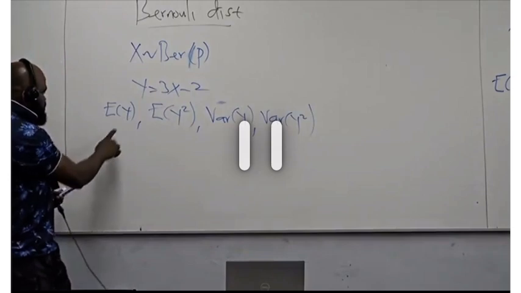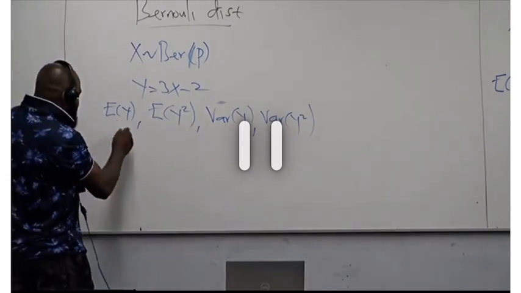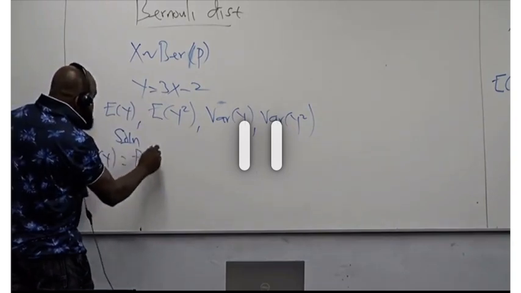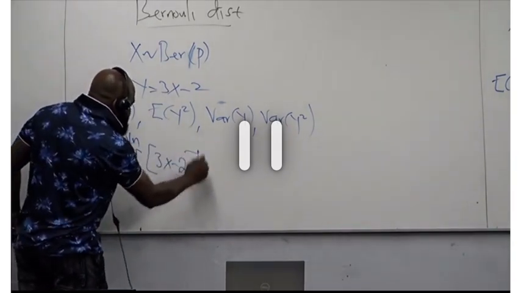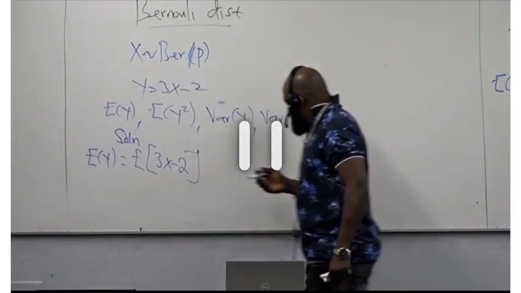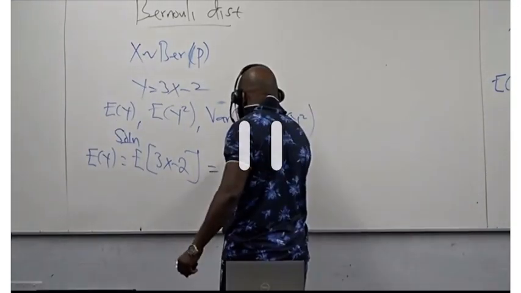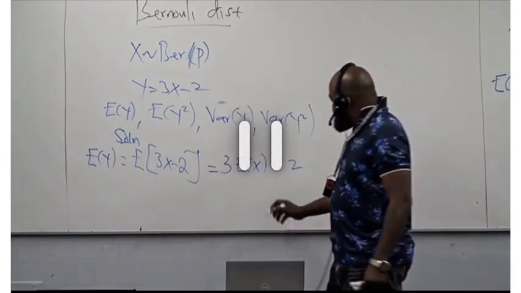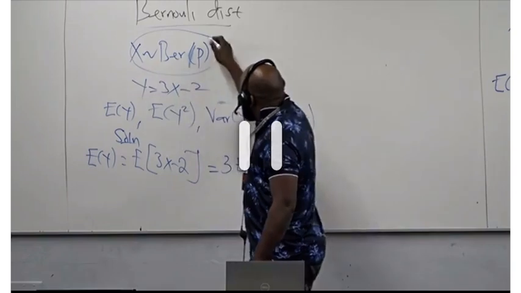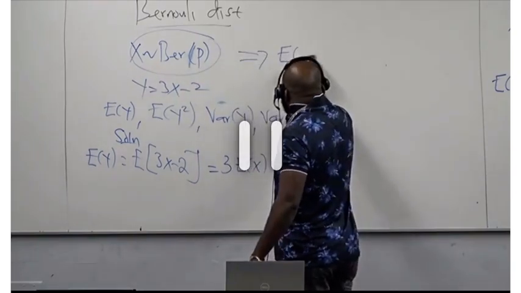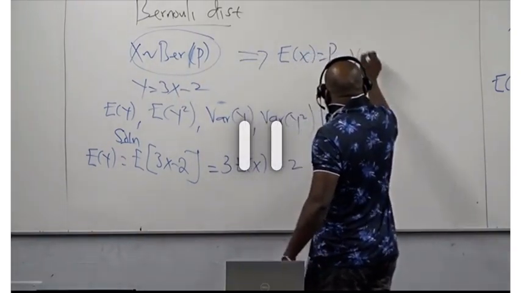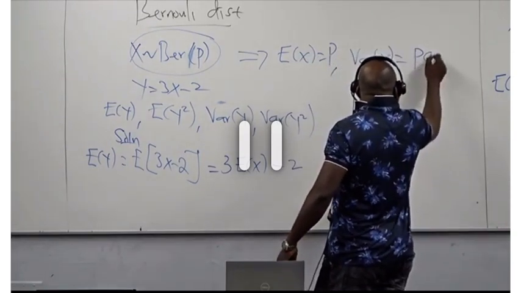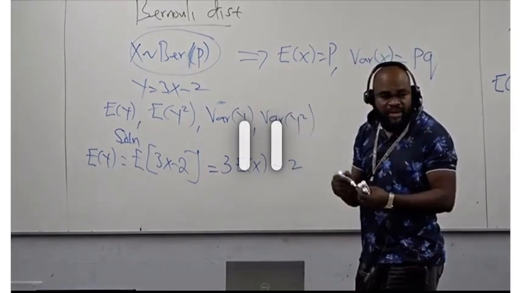Now, if I want to find the expected value of y, that is the expectation of 3x minus 2. So this is going to be 3 times the expectation of x, minus 2. When x follows Bernoulli, the expectation of x equals p, the variance equals pq, and the expectation of x squared is also p. You have to know that from the theory.